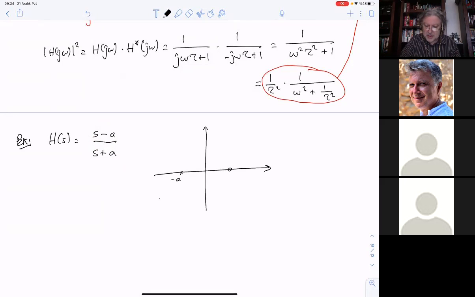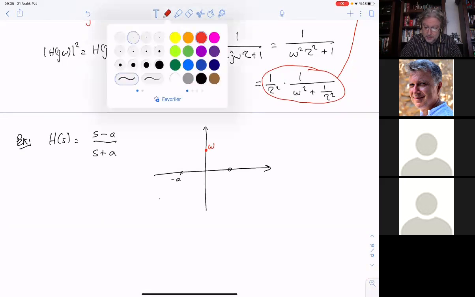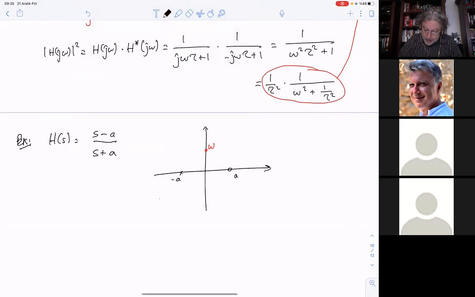Now let's choose an arbitrary omega here, and we have to look at the distances from the pole and from the zero. So this is also a. This distance will be d1, and this distance will be n1. d1 is equal to the square root of omega square plus a square, and n1 is also equal to the square root of omega square plus a square.